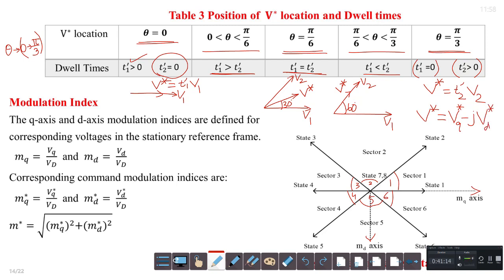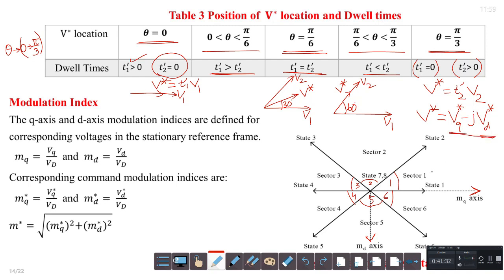V star is the reference voltage which can be at any angle. The component of V star along the Q axis is VQ star, and the component of V star along the D axis, which is at 90 degrees lagging, is VD star. So, it is minus j VD star as you see in this figure.